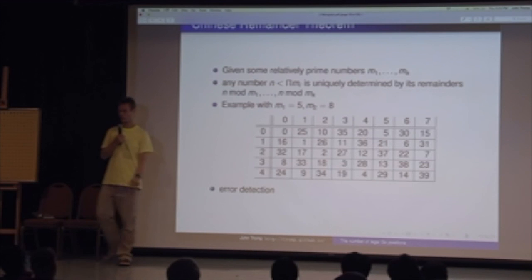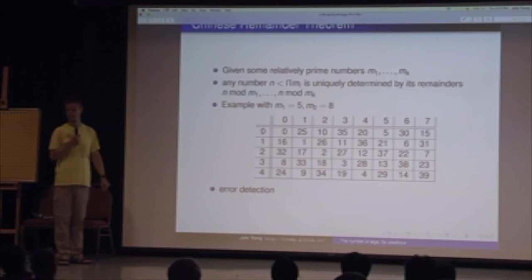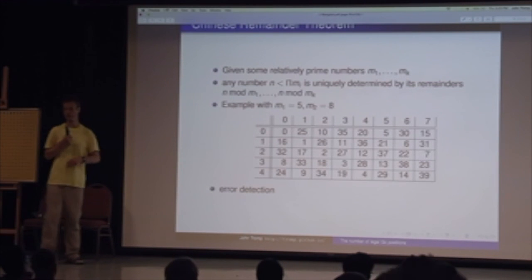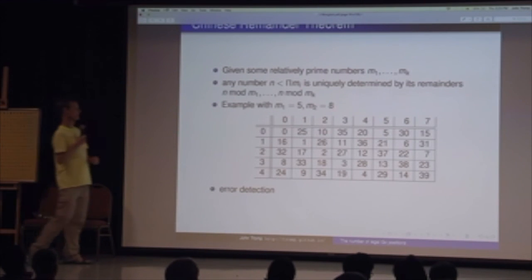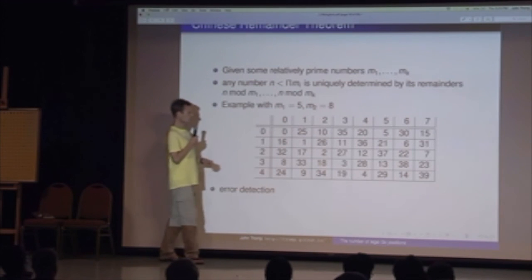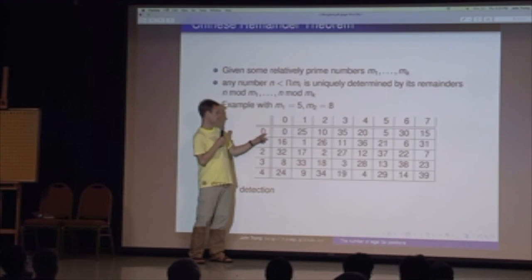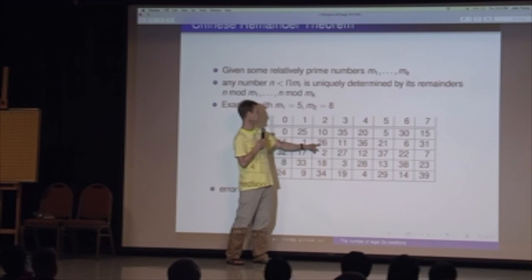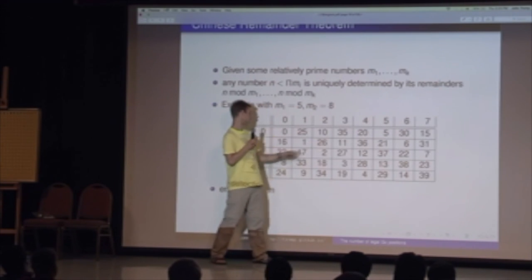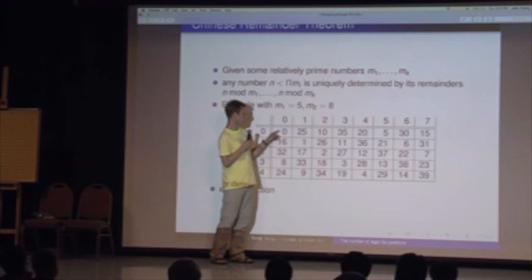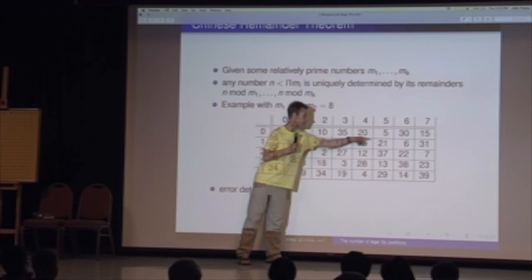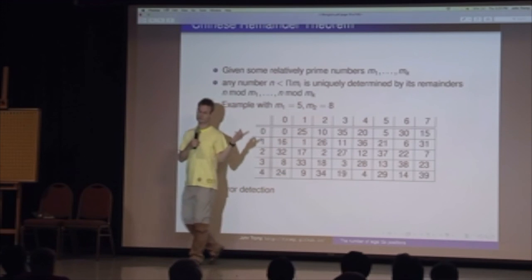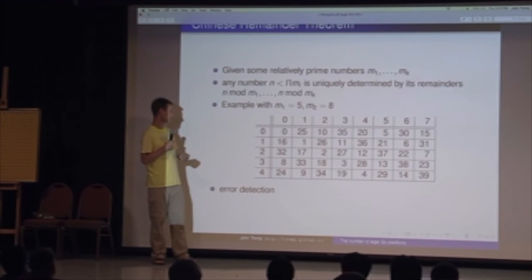I'll show you a small example with just 2 of those m's. So I have m1 equals 5 and m2 equals 8. Of course, if you take 0 mod 5 and mod 8, you get 0 and 0. If you take 26 modulo 8, you get 2. 26 modulo 5 is 1. And you can see that every number occupies a unique cell here. That is due to the numbers being relatively prime.